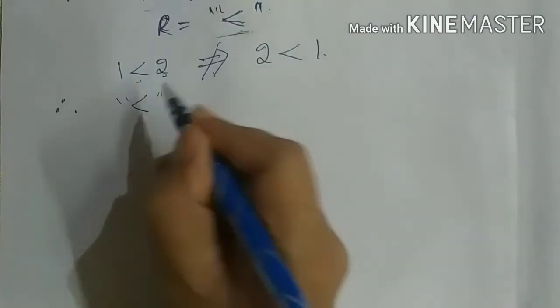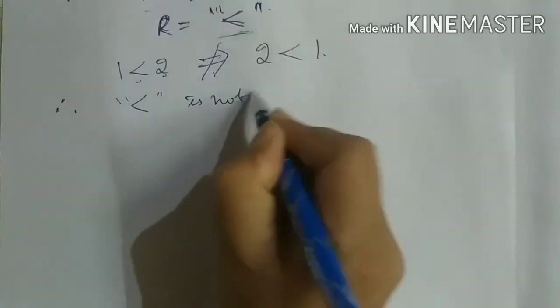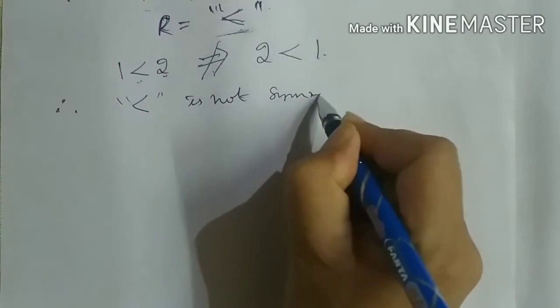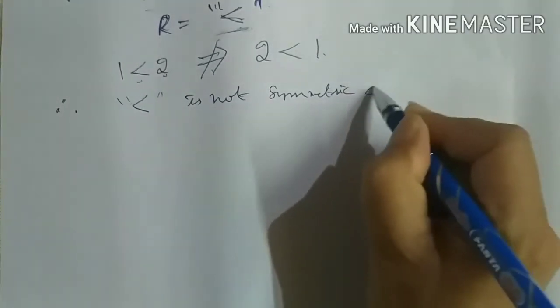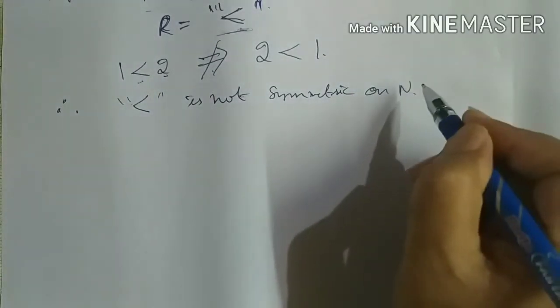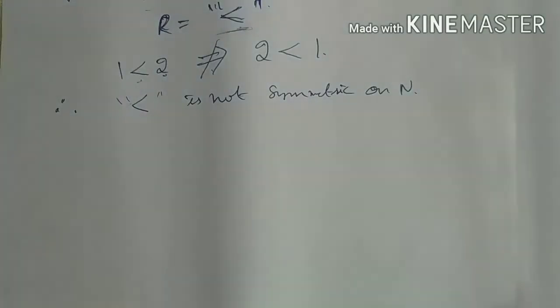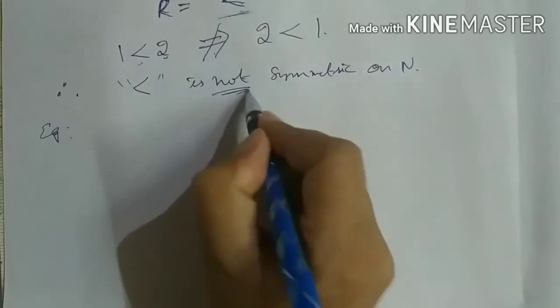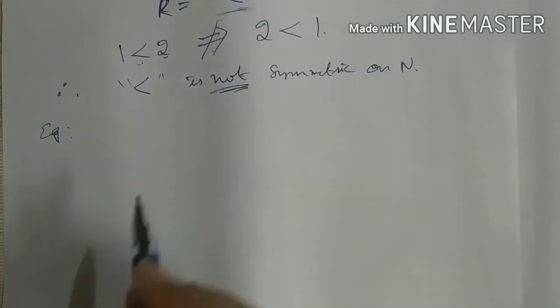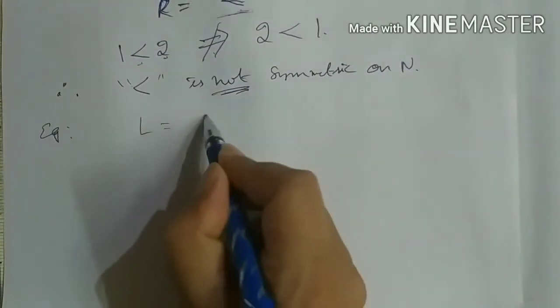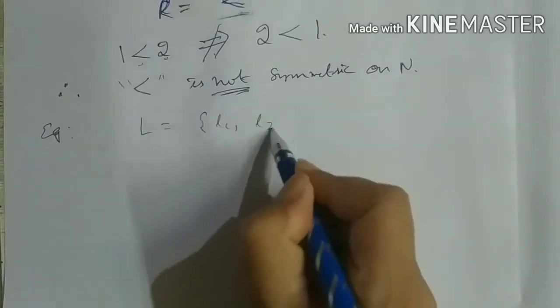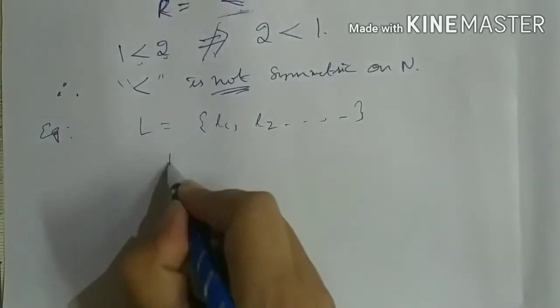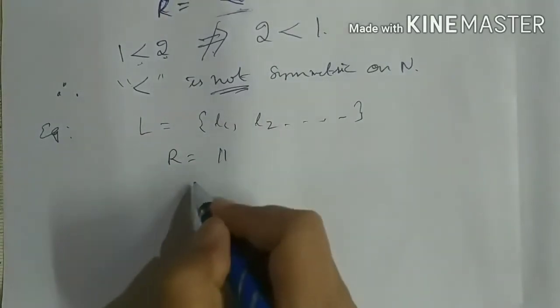The relation less than is not symmetric on the set of natural numbers. Let us consider another example. Let us consider the set of lines L1, L2, etc., and the relation parallel.